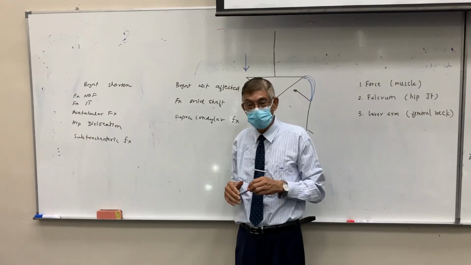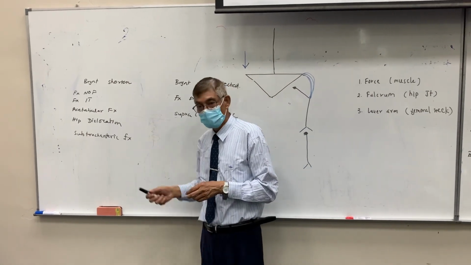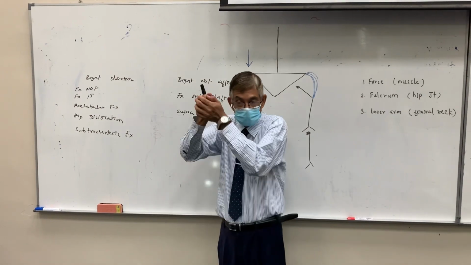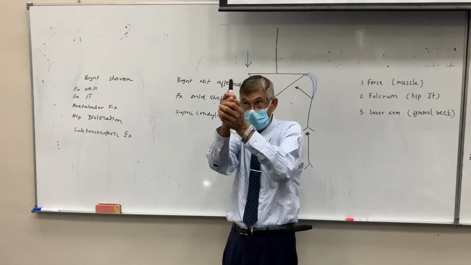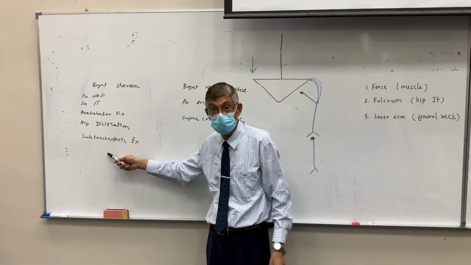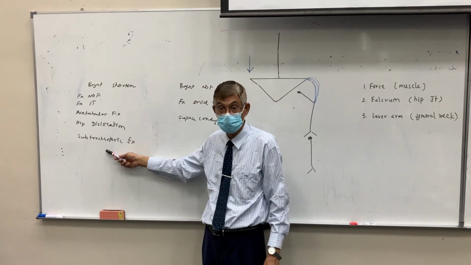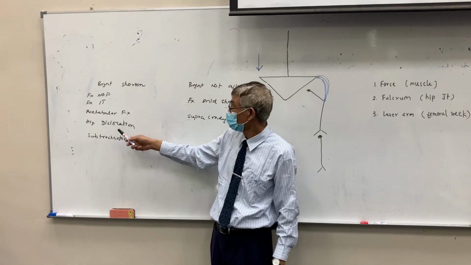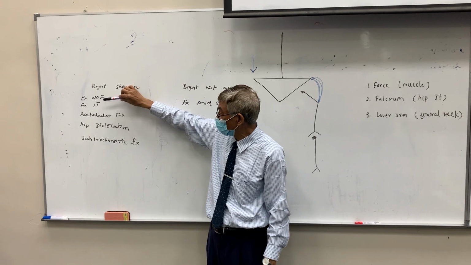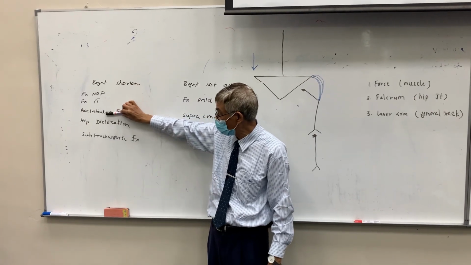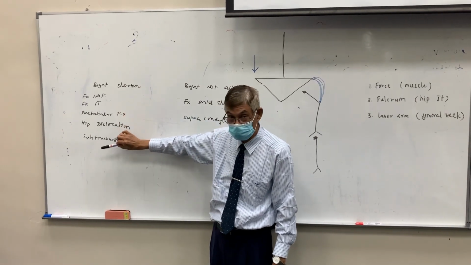The gluteus medius, gluteus minimus, and iliopsoas pull the proximal fragment. So the greater trochanter is going up, and Bryant's triangle is also shortened in this case.